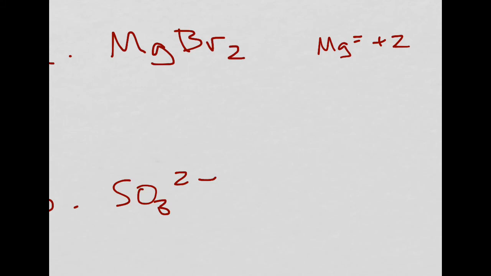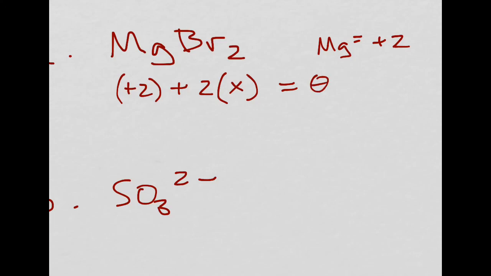So if we know that we have a +2 for my Mg, and we have the Br, but it has a subscript of 2, that means you're going to multiply whatever Br's oxidation number is, which in this case I'm just going to say is X, by that 2, and that must equal the charge of the entire compound, which is a 0. So the only number that would satisfy this is if the X equals a -1.